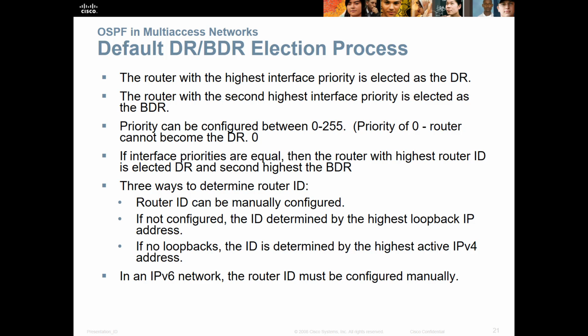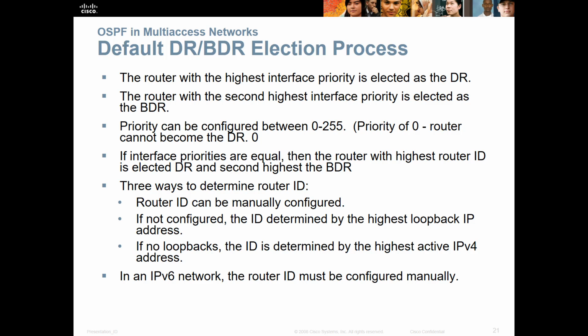So if you always want to verify that this router won't become the designated router, set priority 0. It's done on an interface. If interface priorities are equal, then the router with the highest router ID is elected. Priority first, router ID second. Here we're shooting for the highest number.